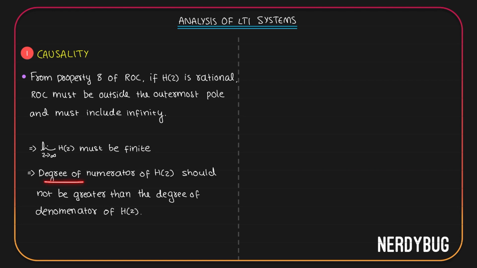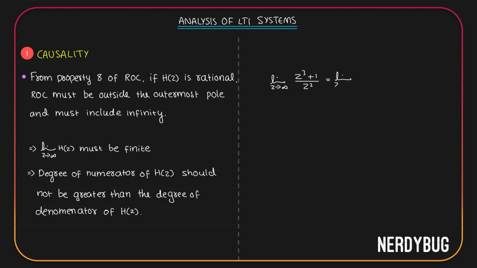But that implies that the degree of numerator of H of z should not be greater than the degree of the denominator of H of z. Why? Let us take an example to understand that. Assume H of z is z cube plus 1 divided by z square. I want to find limit z tends to infinity H of z. I'll divide the numerator and the denominator with z square.